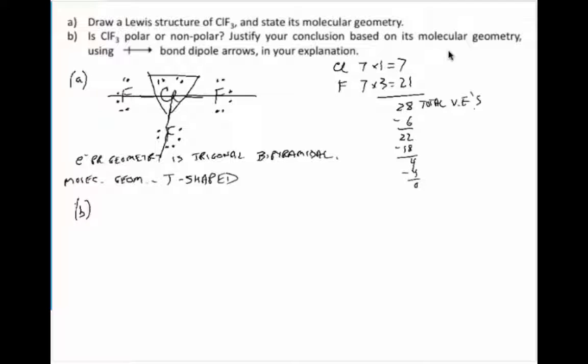Justify your conclusion based on molecular geometry using the bond dipole arrows in your explanation. Let me draw the molecule again. Cl, F, F, F. Pairs of electrons here, pairs of electrons here.